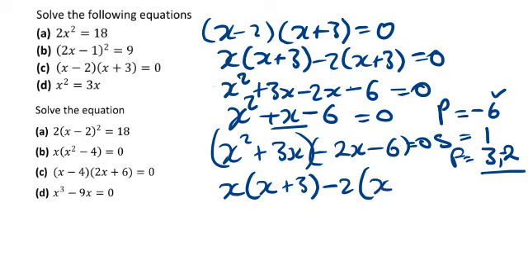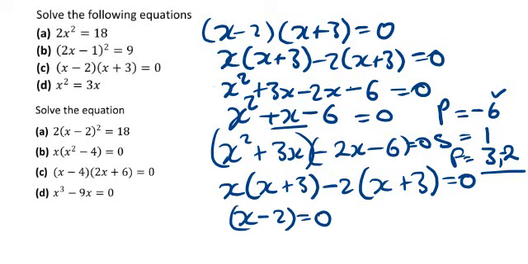Negative 2 into negative 6, that is positive 3, like that, equal to 0. So x minus 2 equal to 0 and x plus 3 equal to 0.